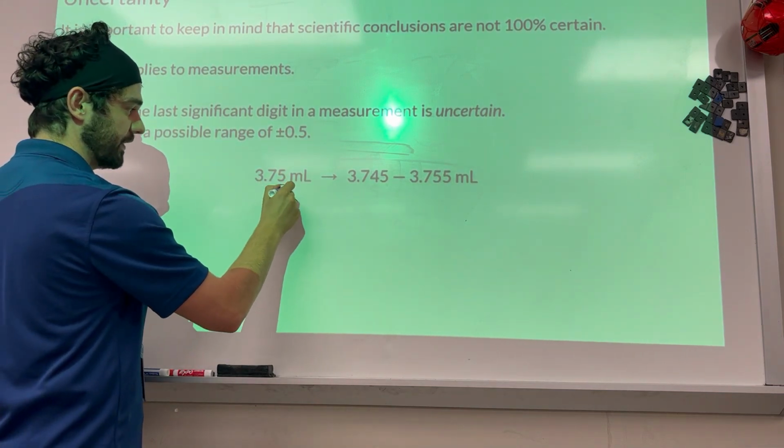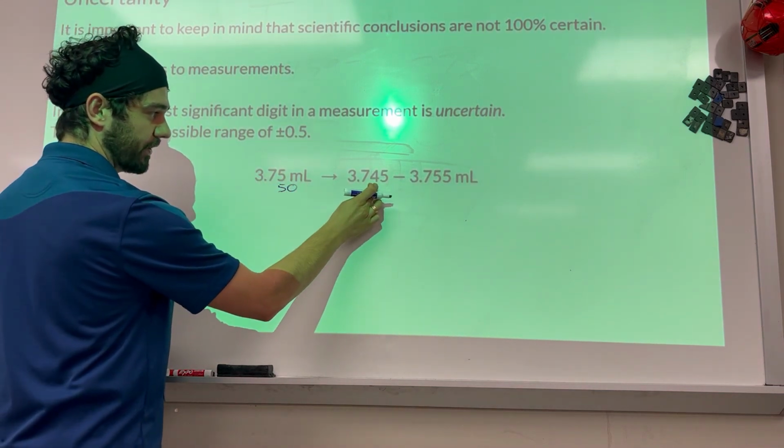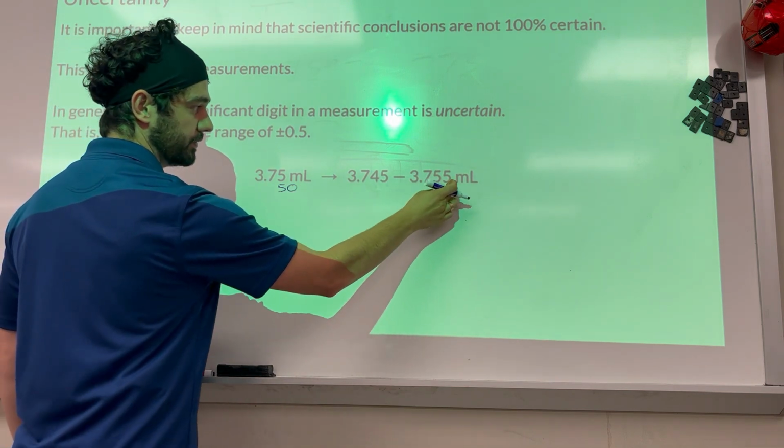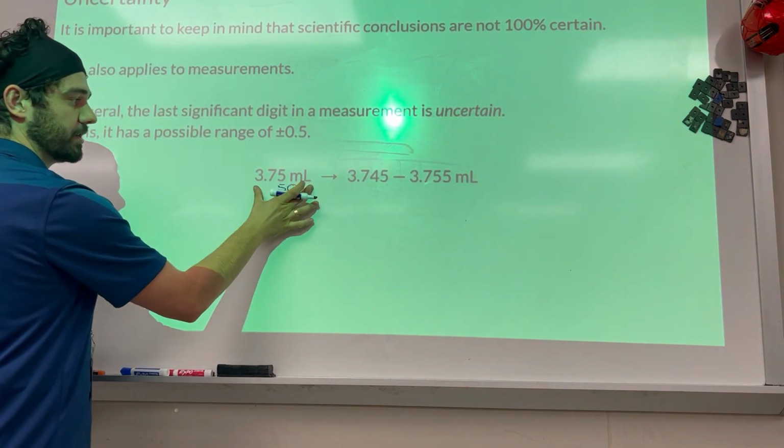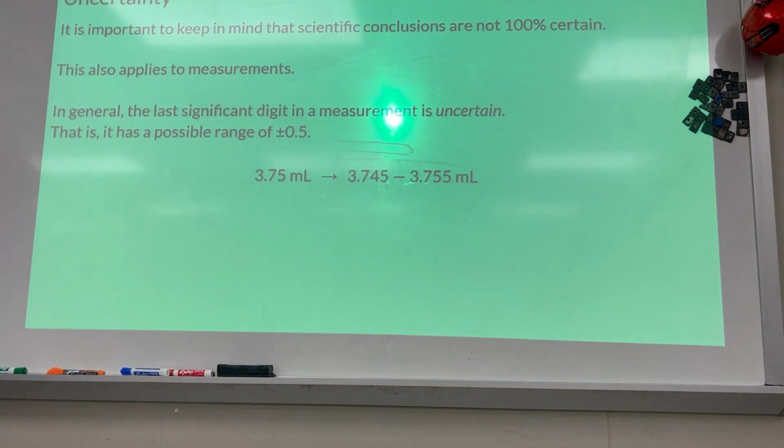We can think of this as like 50. So 45 or up to 55. So this measurement implies a range. I'm confident in the first 2 significant digits, but the last significant digit has some uncertainty to it. It could be bigger or smaller.